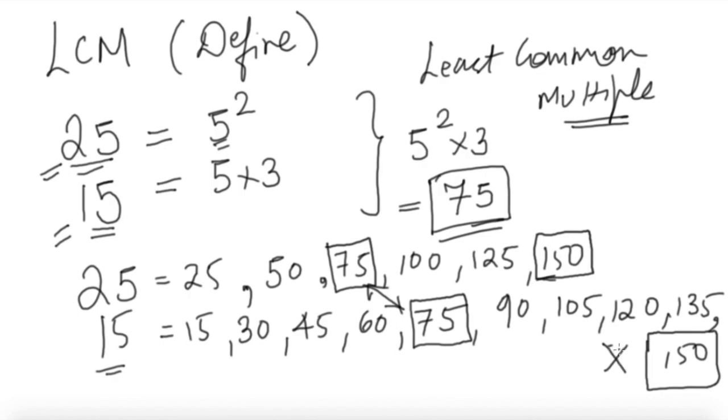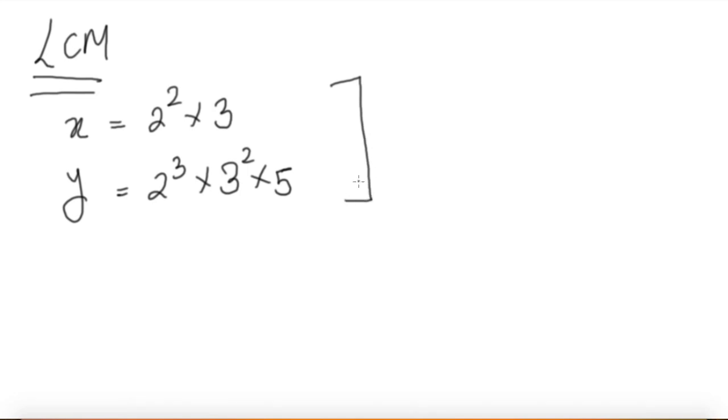With that premise, I will tell you the shortcut of finding the LCM. We know that LCM is the least common multiple. It is a number such that x and y are factors of that number. Now, the easiest way to find it is, it's 2 here and it's 2 here in these two numbers, right?